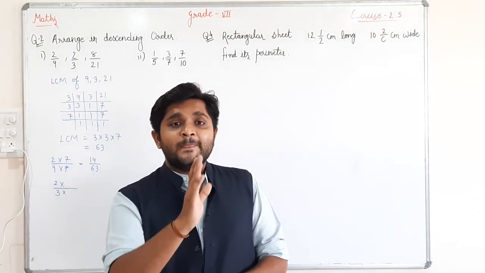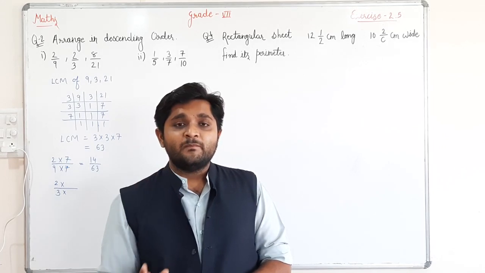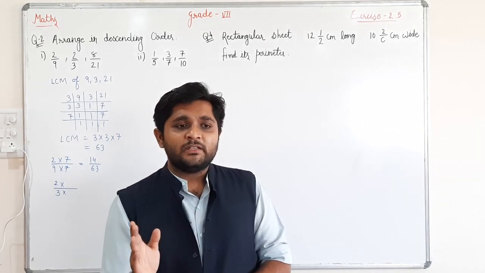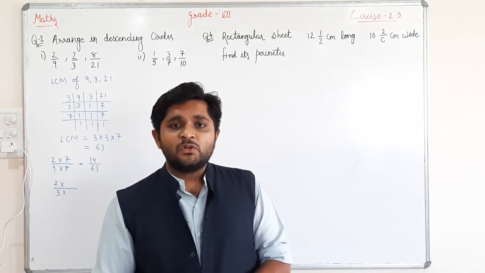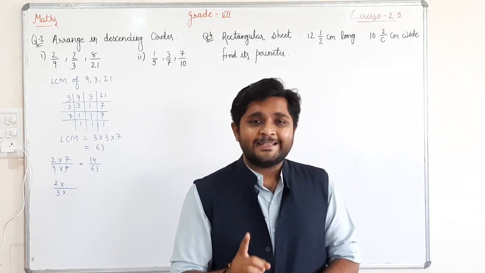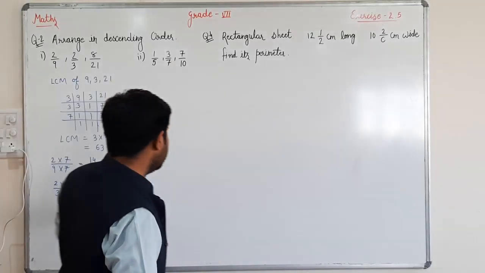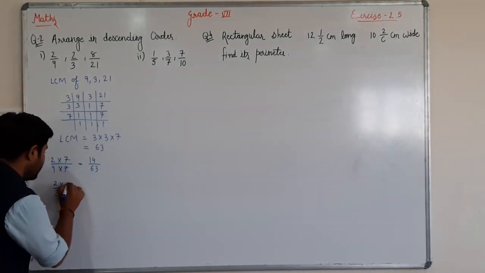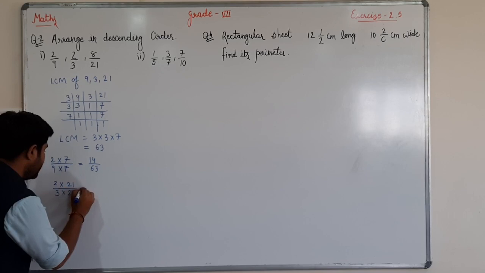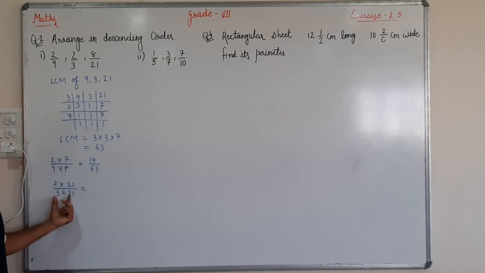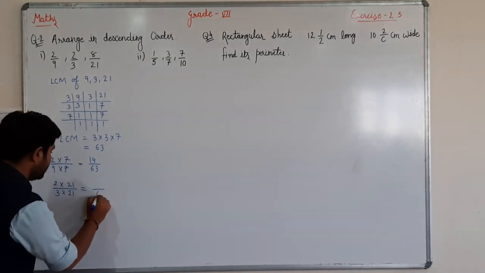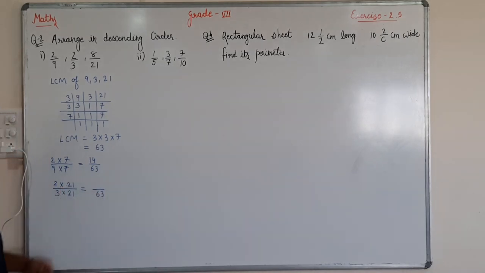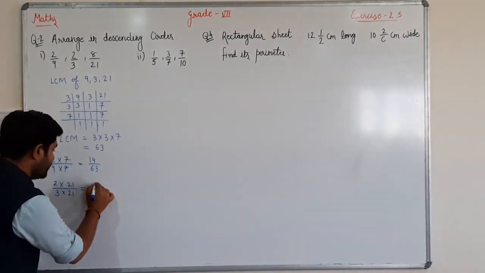Here we have to do 63 divided by 3. If you do 63 divided by 3, you will get 21. So friends, we know that 21 3s are 63. So here multiply this 3 with 21, and the same operation for the numerator. 21 3s are 63 and 21 2s are 42.